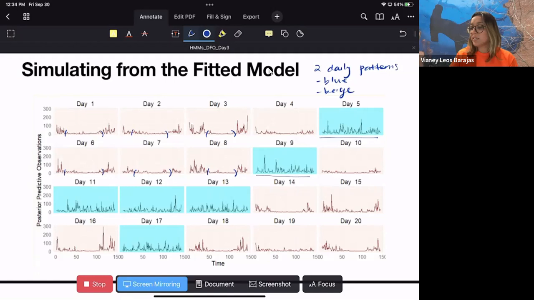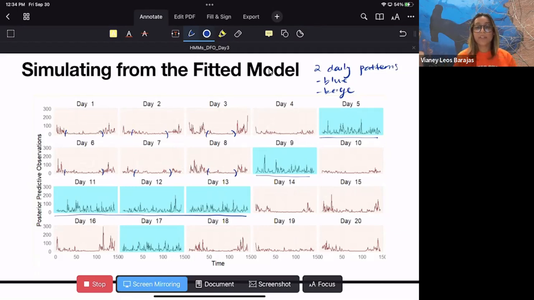I also note that even in my small simulation, there tended to be more beige days in a row before switching. So there's like a blue here, day 5. There wouldn't be another blue day until day 9. Then there were 3 blue days in a row. And so the idea is that we can construct different daily patterns for these sharks.